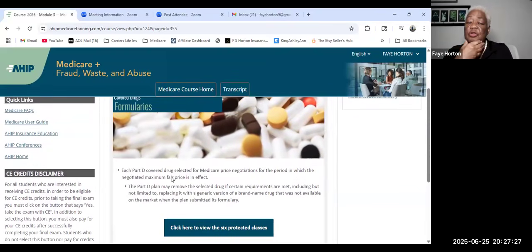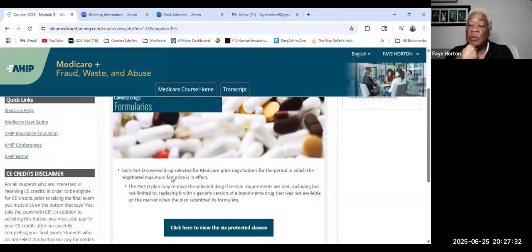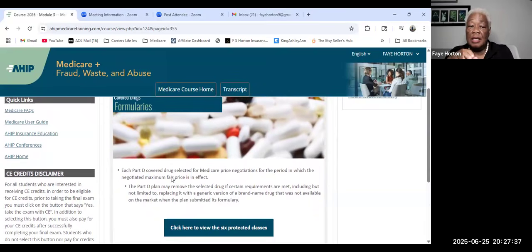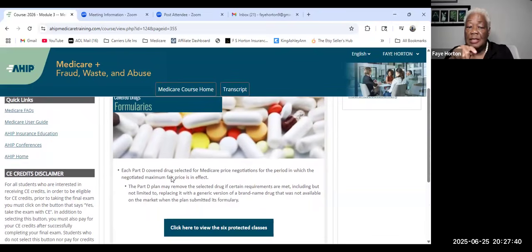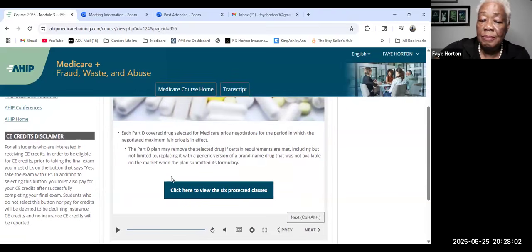Each Part D covered drug selected for Medicare price negotiations must be included for the period in which the negotiated maximum fair price is in effect. The Part D plan may remove the selected drug if certain requirements are met, including but not limited to replacing it with a generic version of a brand name drug that was not available on the market when the plan submitted its formulary.